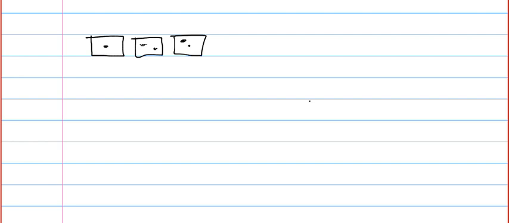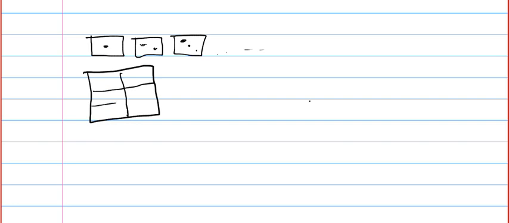Another side you have 3 dots, and so forth and so on, right? And it goes from 1. So we can write this like this, right? Let's just use this for now. I say 1, 2, 3, 4, 5, 6. All right. So anytime I spin that die, I get any one of these numbers right here.